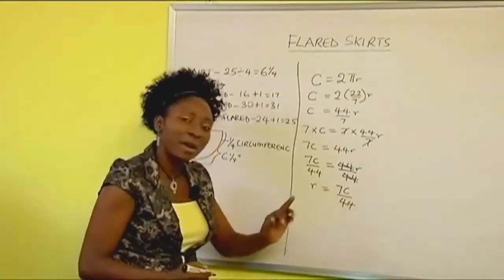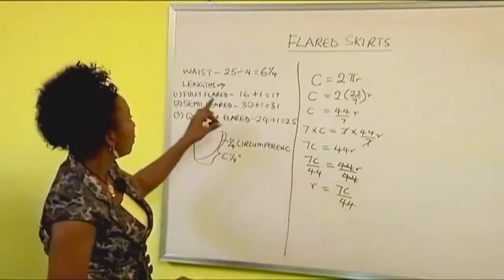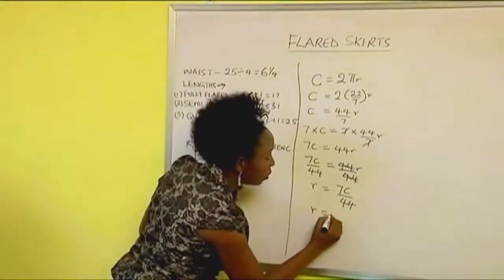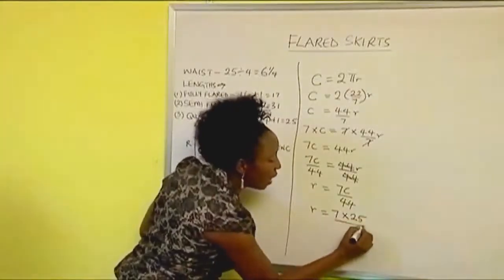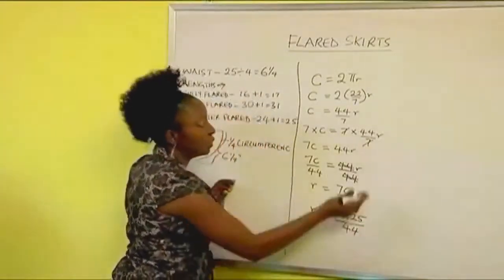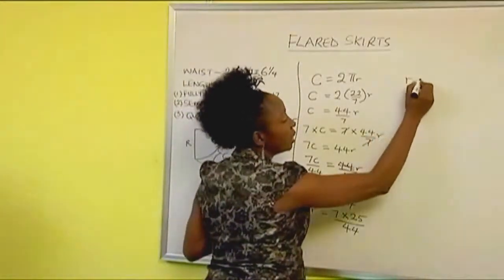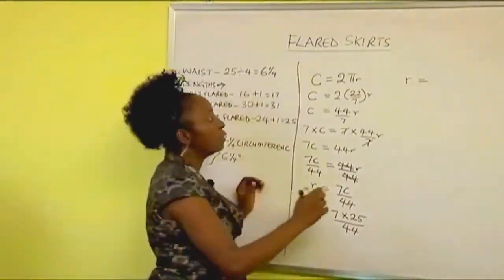Now, once we've done this, we already know that, yes, this is r. So now I know my C. So all I have to do is substitute C with my measurement, which is 25 inches. So that will give me r equals 7 times 25 divided by 44. Let's go back up here. That will be r equals, if we calculate 7 times 25, you get 175.